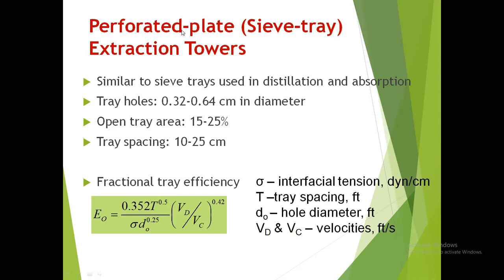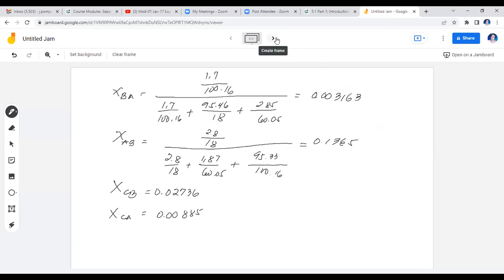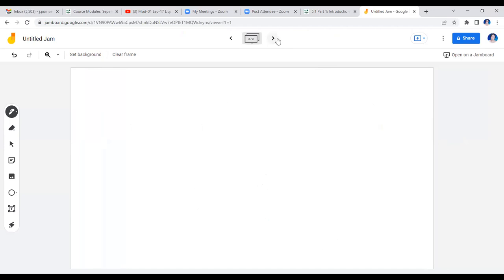Okay, I'll go to our Jamboard. I'll just go straight to the formula for the tray efficiency. We have E sub O. Are we able to get the formula? Can you please supply me with the formula?